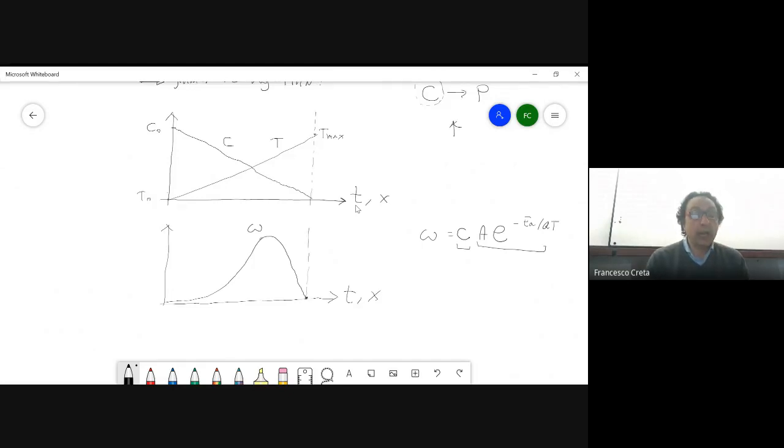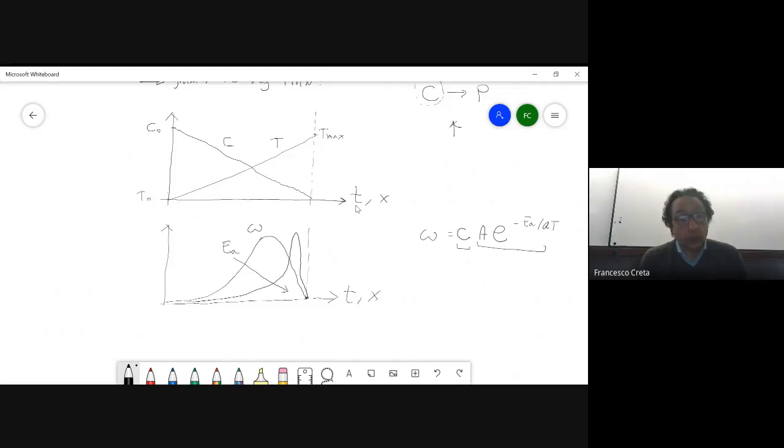Now, I drew this for quite a small activation energy. What happens when the activation energy is extremely high? Well, you will have something like this. Again, this is the activation energy increasing from here to here.